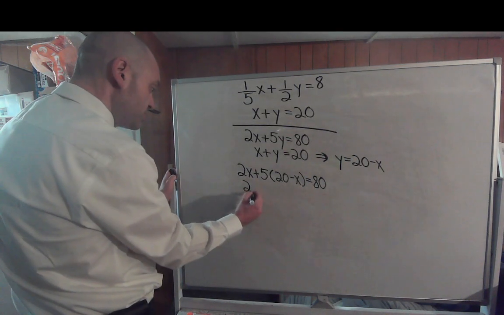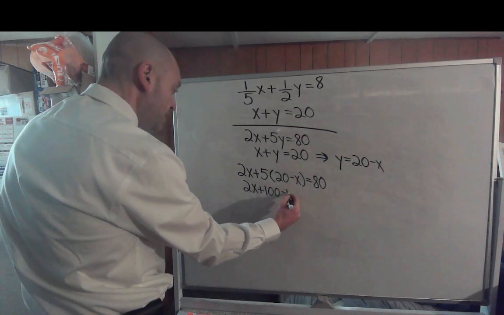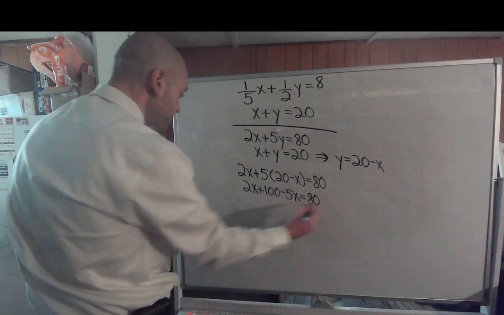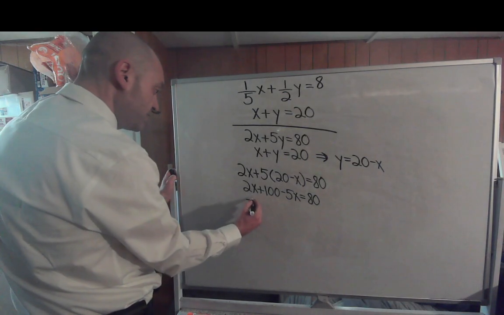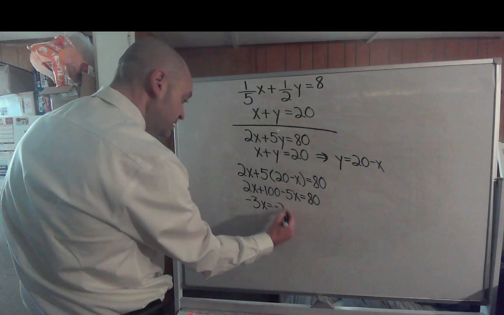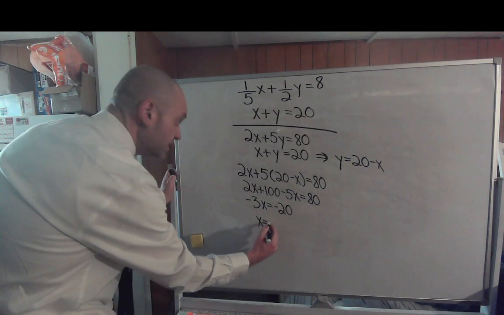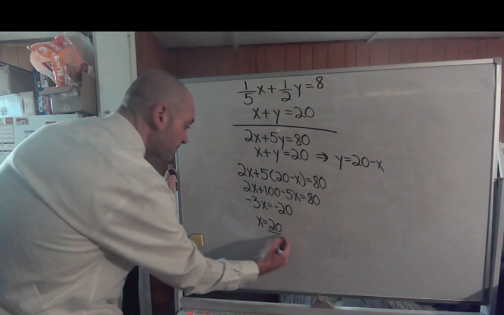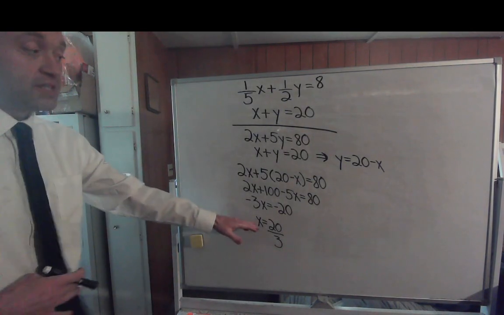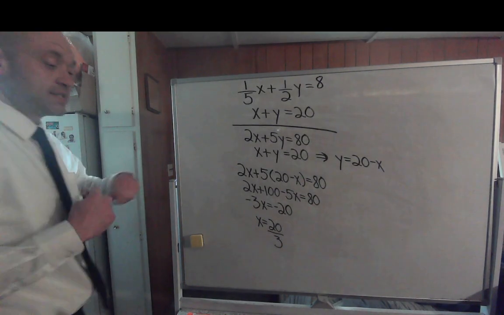So then we'll get 2x plus 100 minus 5x would equal 80. So that would give you negative 3x is equal to negative 20, which would give you that x equals 20/3. So that one's not quite as nice, but that is the x solution. Now, what about the y solution?